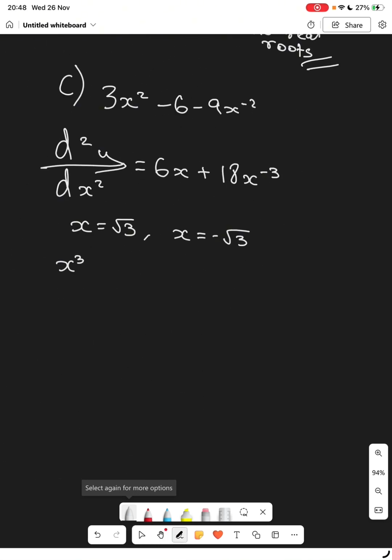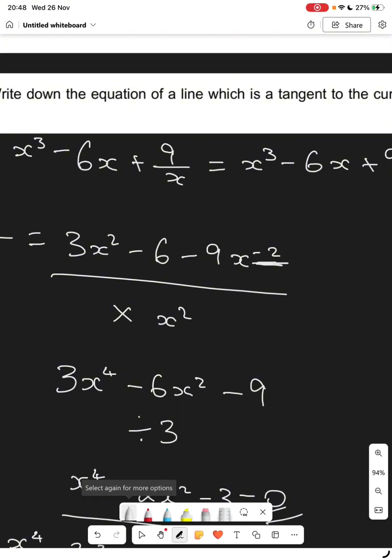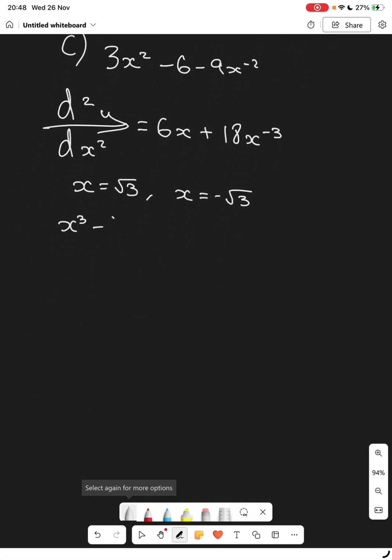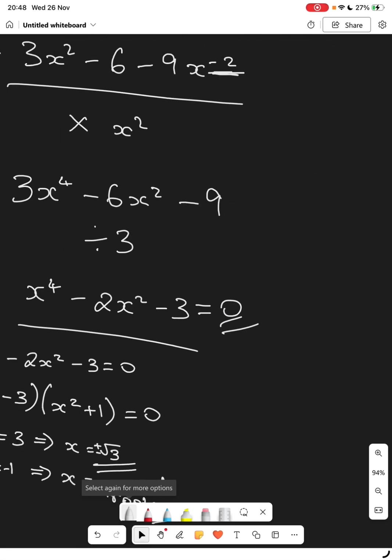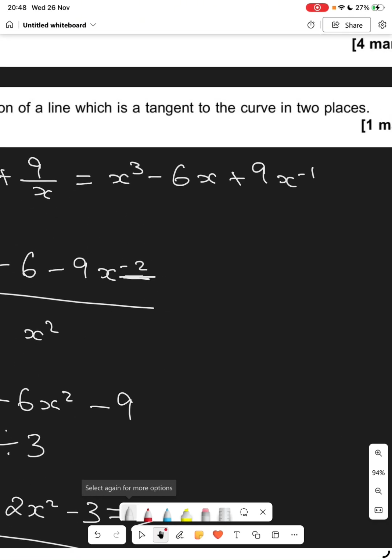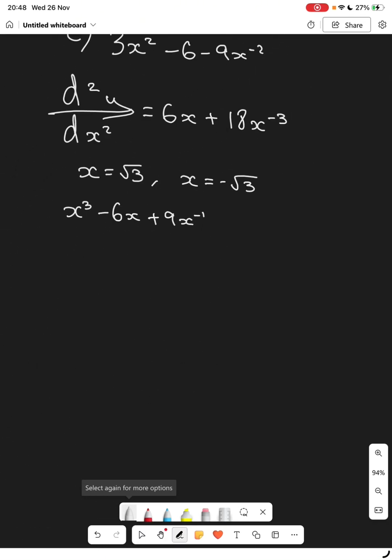x cubed minus 6x plus 9x to the negative 1 equals y. So we can input the values, and you can do that in your calculator.